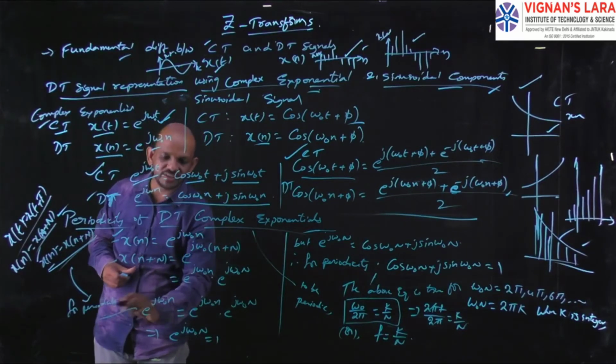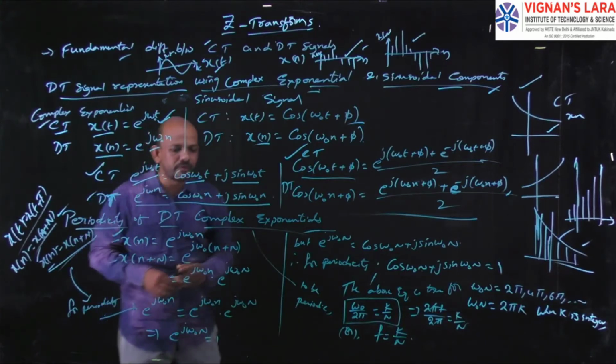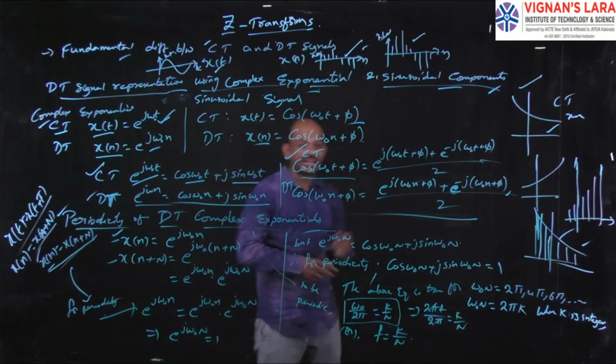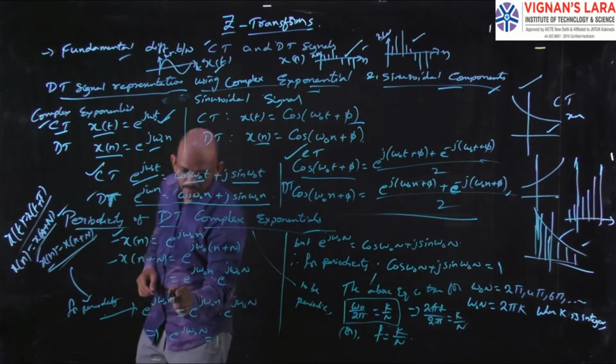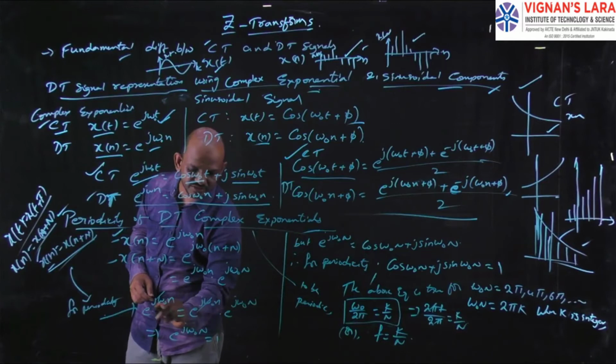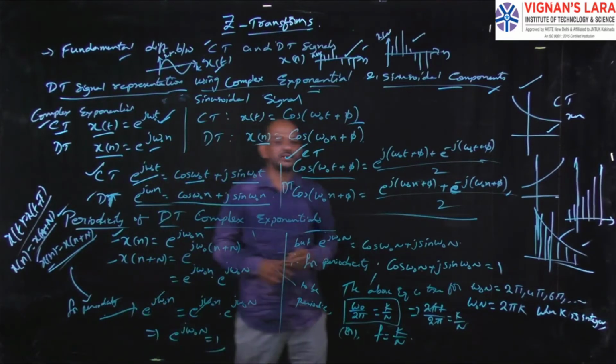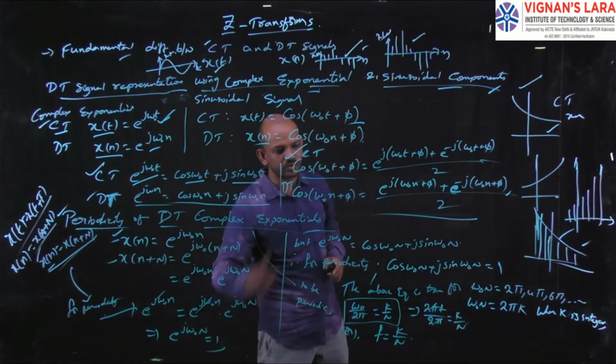So for periodicity, e power j omega naught n will be equal to e power j omega naught n into e power j omega naught capital N. Now e power j omega naught n and e power j omega naught n get cancelled. So e power j omega naught capital N will be equal to 1.